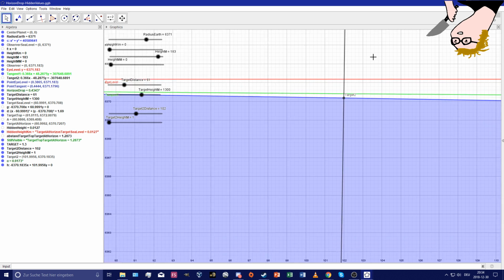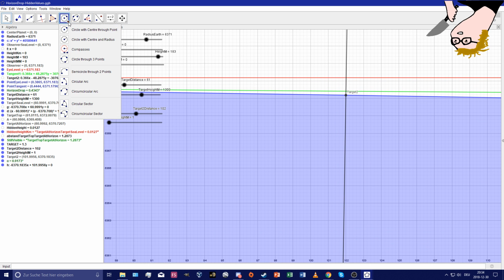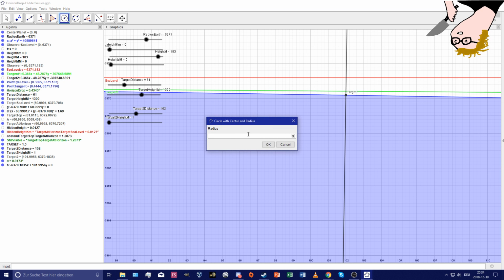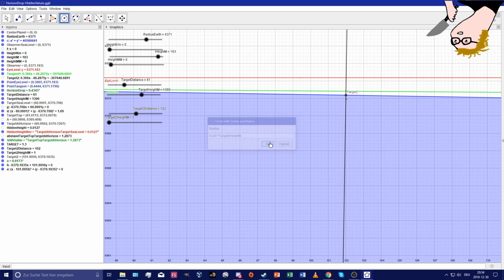Okay. And now we're gonna draw a circumference with a given radius around this target. So what's the radius of this? Obviously, it's the target height in meters, so we're gonna multiply this value by 0.0001 times target 2 height meters.